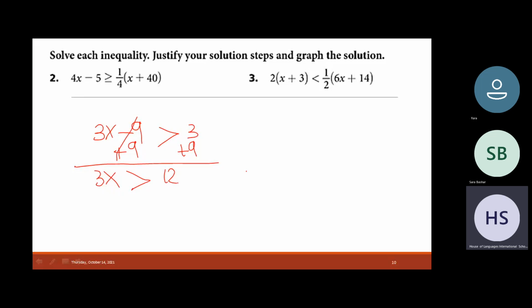X is multiplied by what? Is it multiplied or divided? Multiplied. So I will divide. Here, how do we say 3x? Multiplied. To which number should you divide it in order to cancel x?